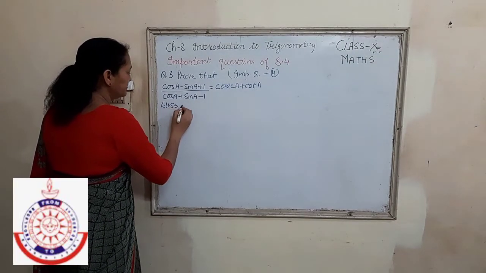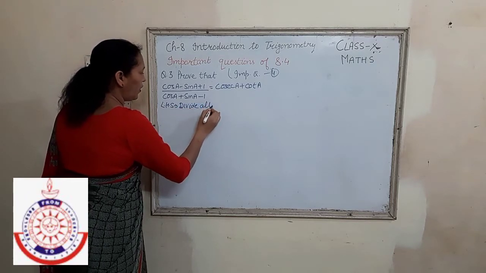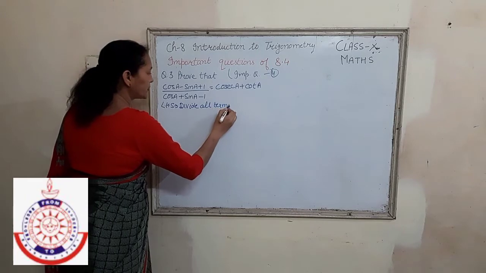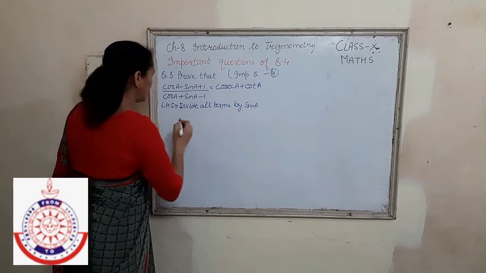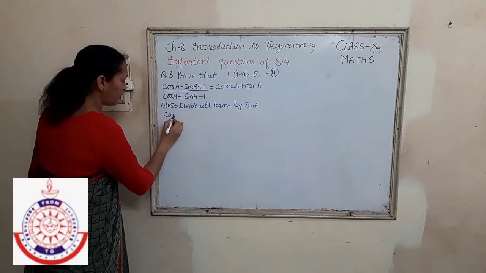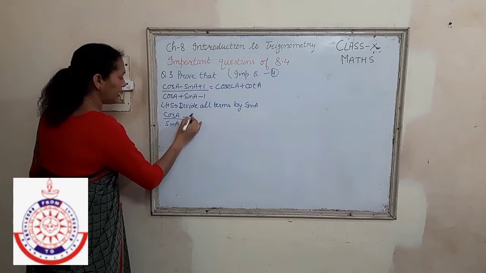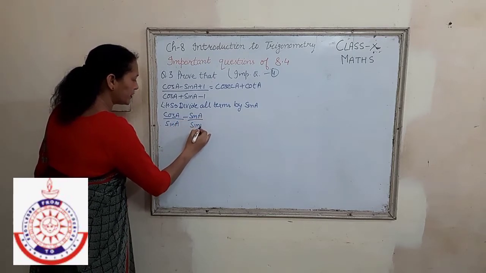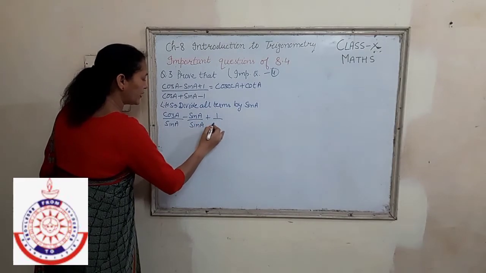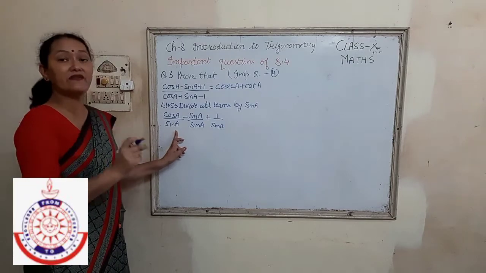Left hand side, divide all terms by sin A. What will happen? Cos A upon sin A minus sin A upon sin A plus 1 upon sin A. Always remember, why only with sin A?